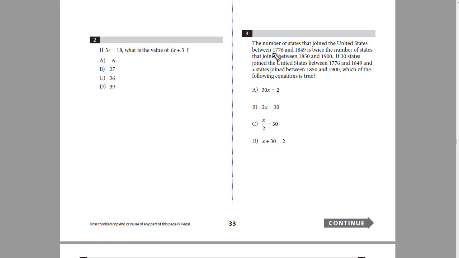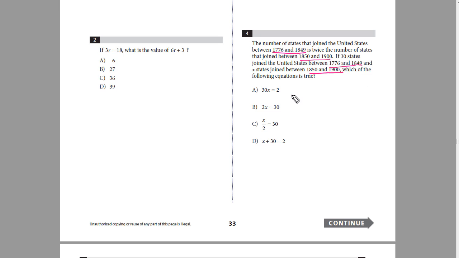Question number 4. The number of states that joined the United States between 1776 and 1849 is twice the number of states that joined between 1850 and 1900. If 30 states joined the United States between 1776 and 1849, and X states joined between 1850 and 1900, which of the following equations is true?